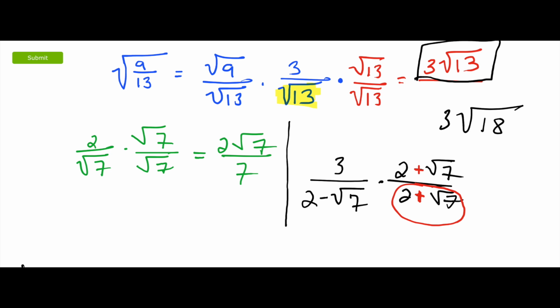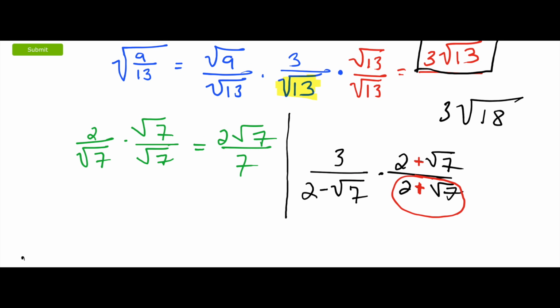The reason you want to do that is because if you multiply a number by its conjugate, you're going to get a middle wipeout. For example, if I do x plus 6 times x minus 6, those are conjugates. Why are those conjugates?